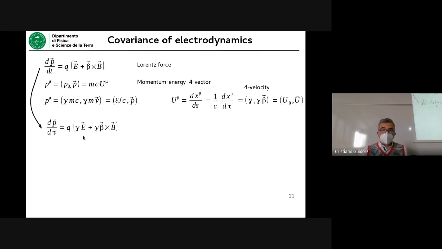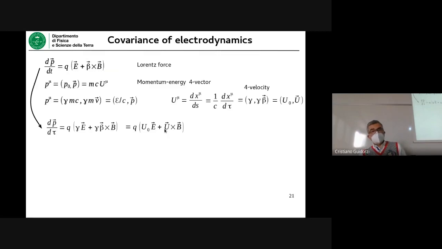But now look, you immediately recognize the four-velocity here. Gamma, you may see as u0, so instead of gamma E, I wrote u0 E. And in particular, instead of gamma beta vector, this is just the spatial component of the four-velocity, so it's vector u, just like that. You see the advantage?